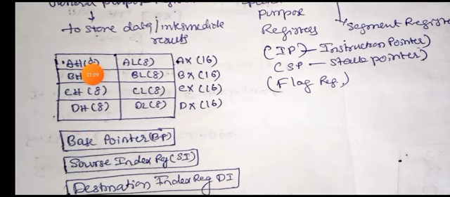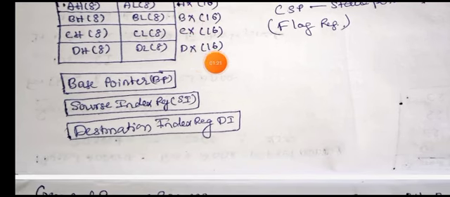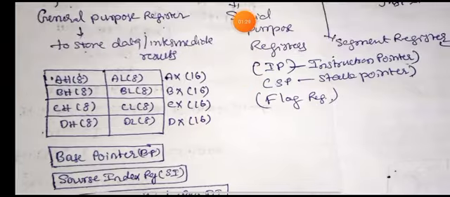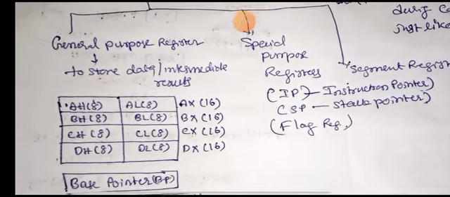These registers combined together can be used as the AX 16-bit register, BX 16-bit register, CX 16-bit register, DX 16-bit register. And we have another set of 16-bit registers: base pointer, source index register, and destination index register, right?